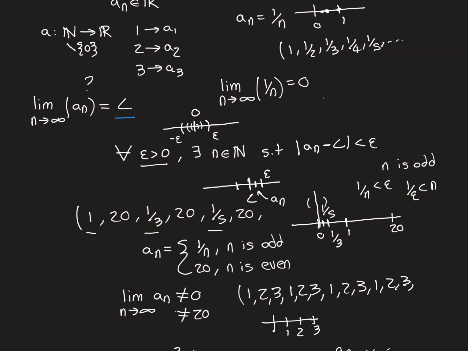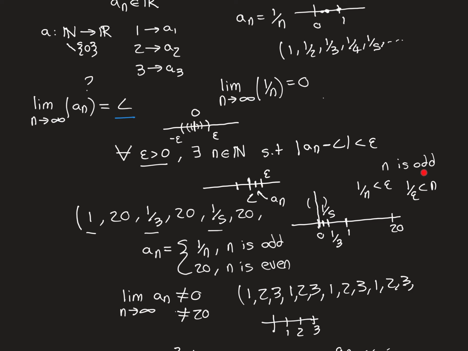So 1 over epsilon is going to be some positive real number. It might be a very large positive real number because epsilon might be absolutely tiny, you know, it might be 1 over a billion or something. So its multiplicative inverse might be something absolutely enormous. However, hopefully you will agree that it is always possible to find a natural number that's bigger than whatever that number is.